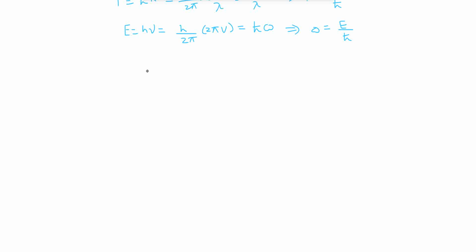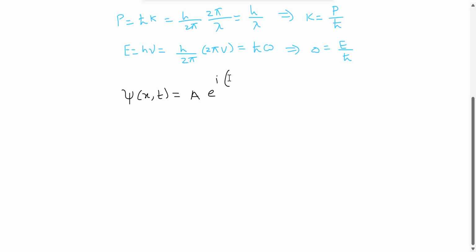So what would we get? Psi of x comma t equal to A e to the power i, with k equal to p by h cross, times x, minus omega, which is E by h cross, times t.